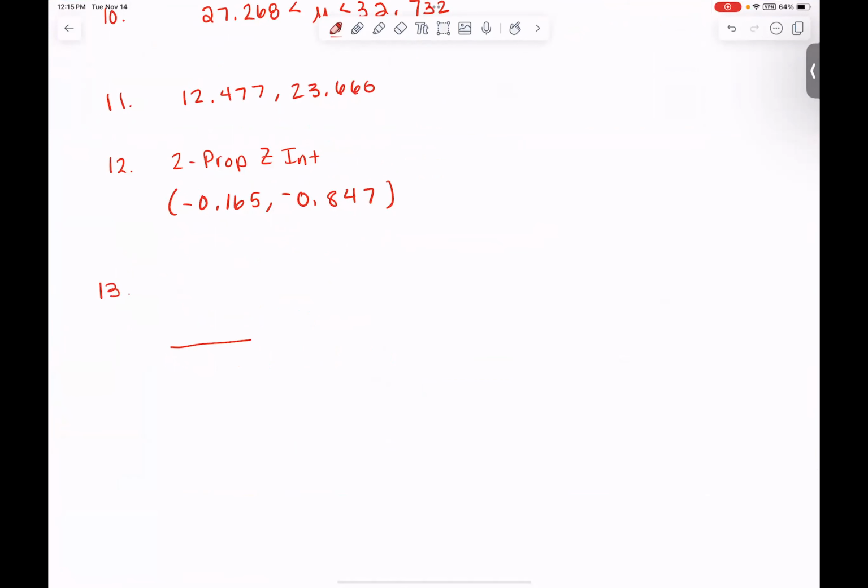So you're doing a left-tailed test. The z value is negative 1.4. That is the area under the curve to the left, because it's left-tailed. So the p-value is the area under the curve.